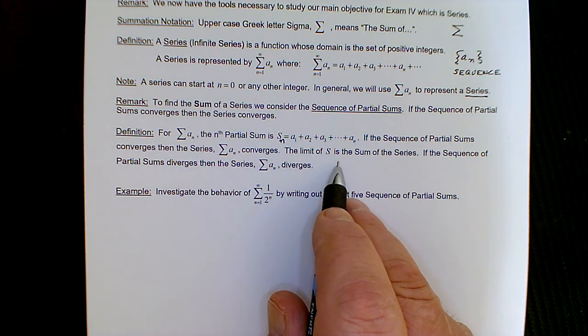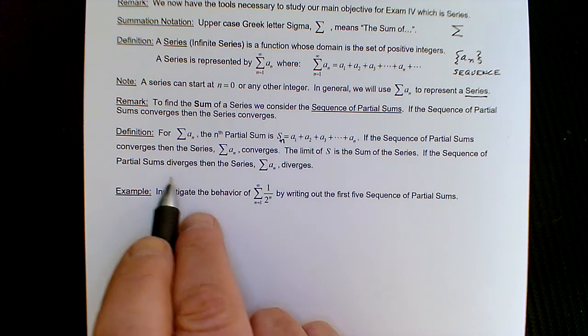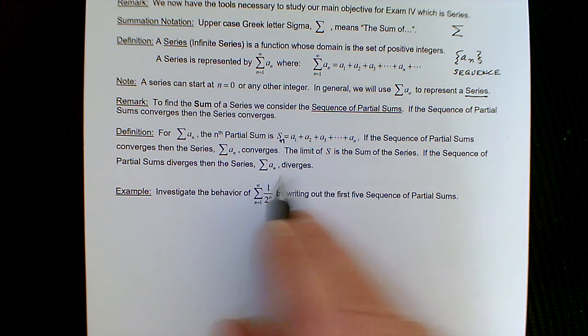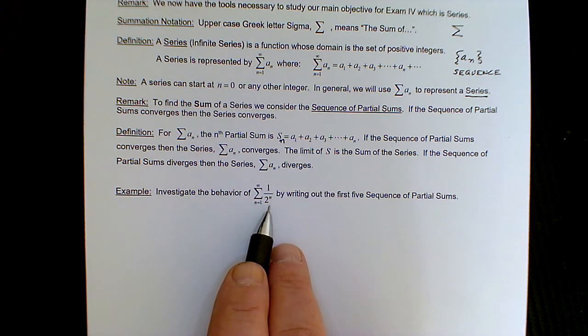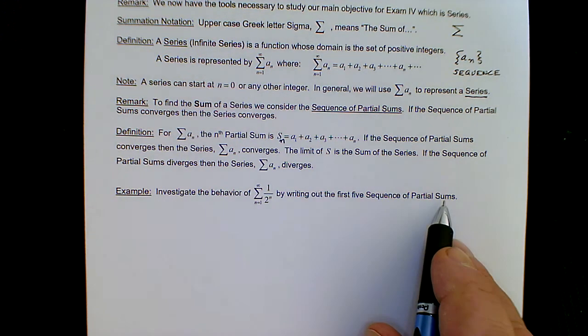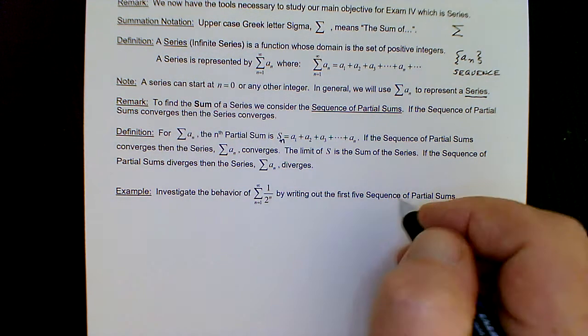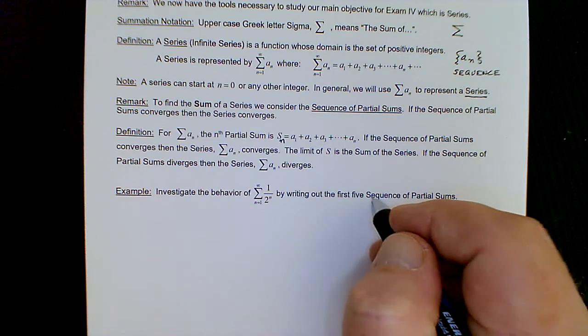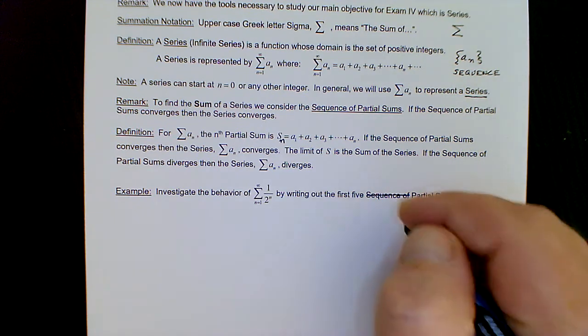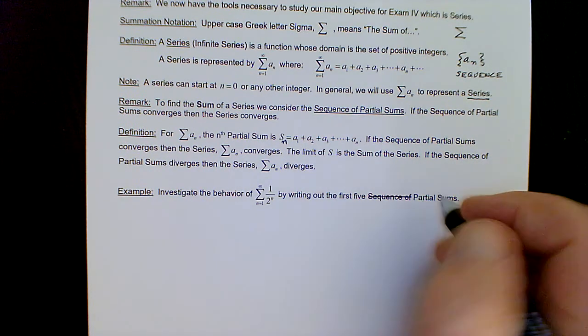So let's consider this series. The sum as n goes from 1 to infinity of 1 over 2 to the n. We'll write out the first 5 partial sums, and then we'll consider the sequence of partial sums.